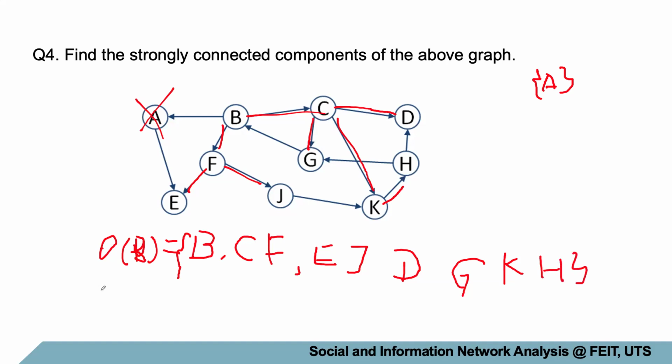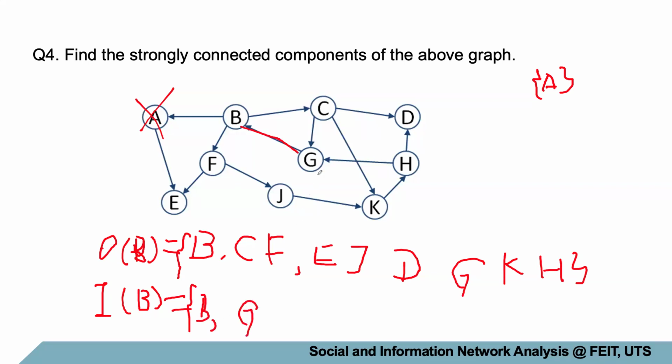Now we have the out set of B, now we consider the in set of B. For B, the one is G. G can go to B. So also B and G. Now who can go to B?